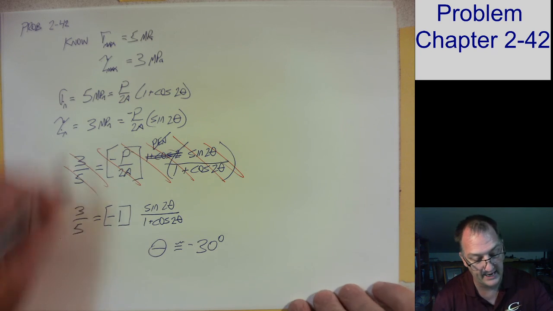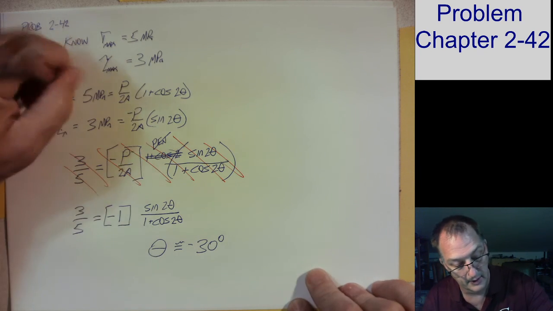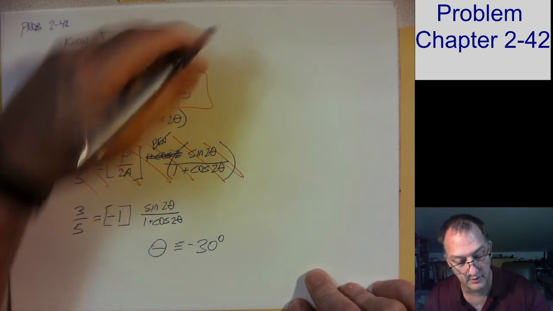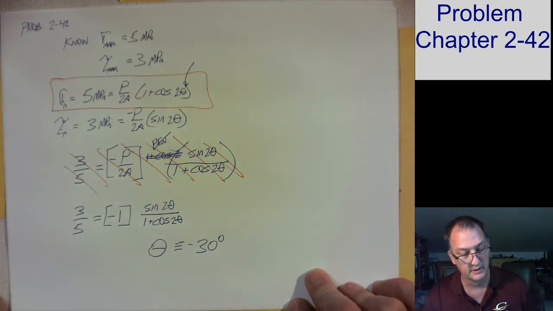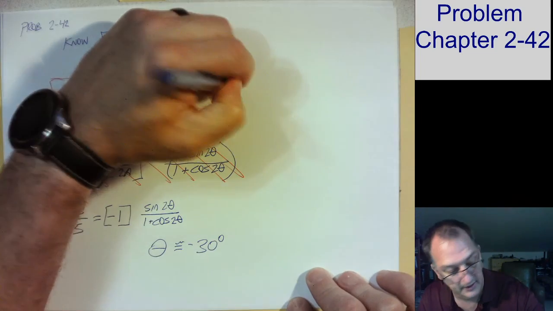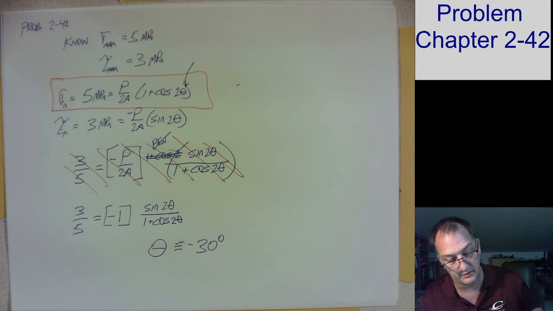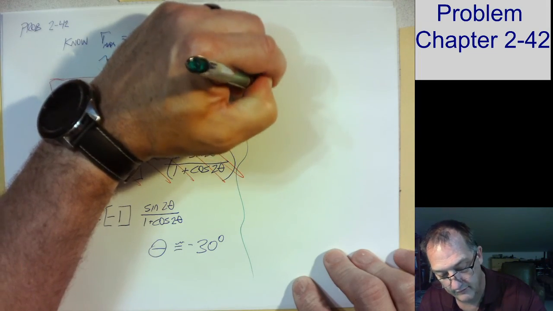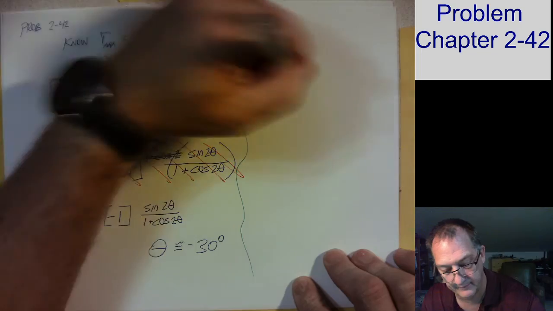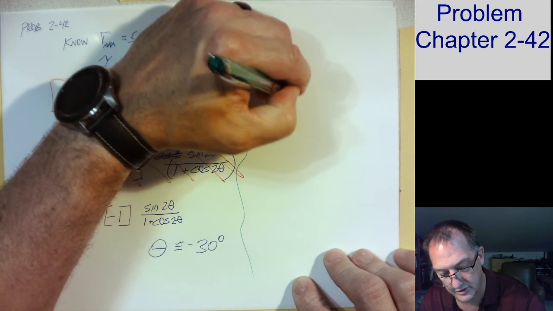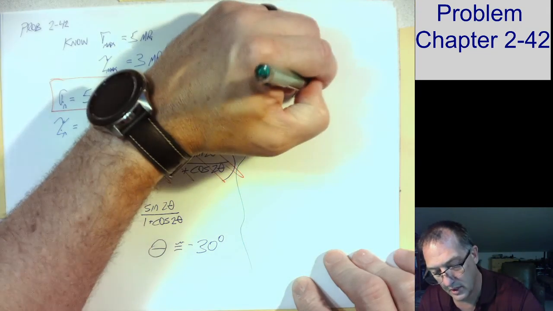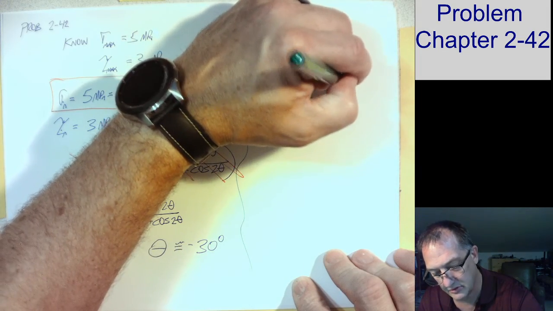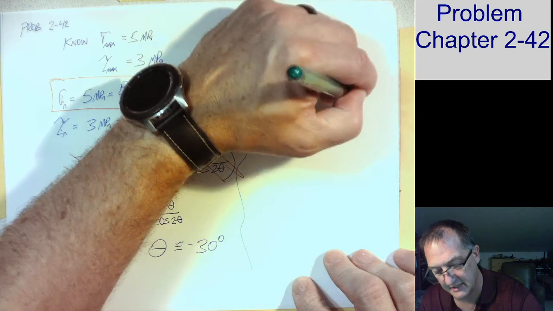Well, I have this equation up here, and now I know that 2 theta is equal to minus 60 degrees. So now I'm going to rewrite it. 5 megapascals is equal to P over 2A times 1 plus cosine of minus 60.